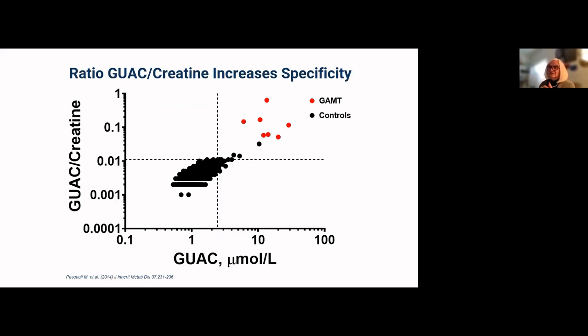In this slide, the red circles represent blood spots from patients with GAMT deficiency, and the black circles are controls. As you can see in the top right quadrant of this graph, these are the ones that would screen positive using both an elevated guanidinoacetate and an elevated ratio of guanidinoacetate to creatine.